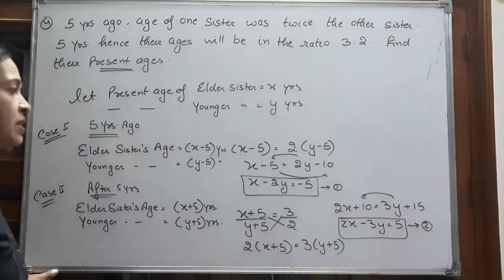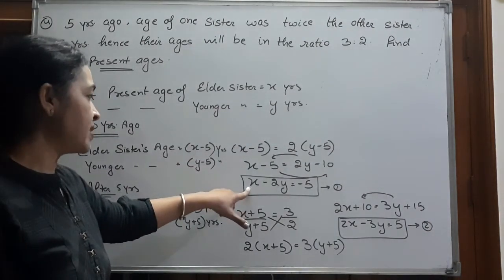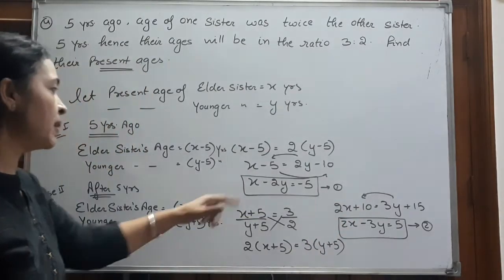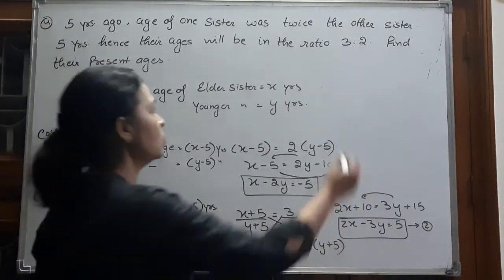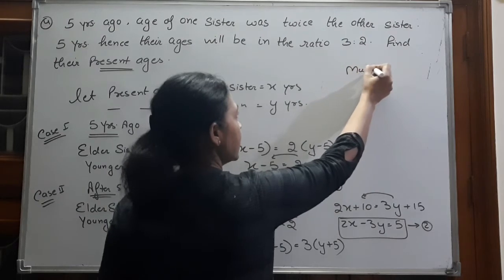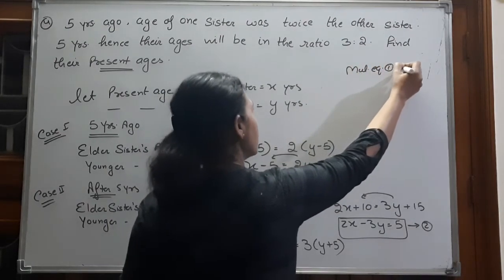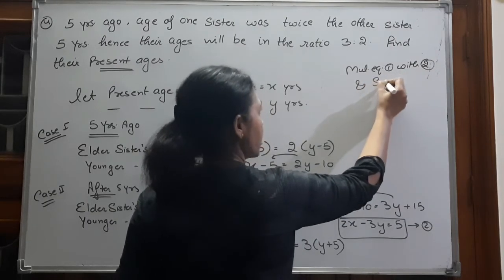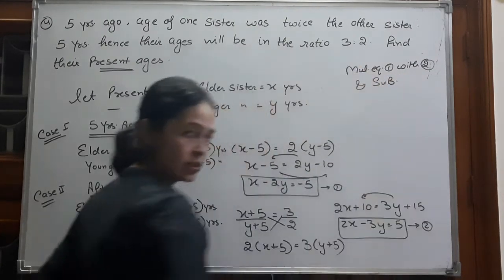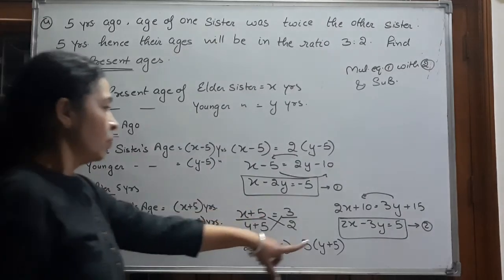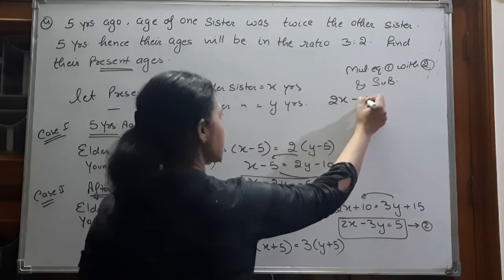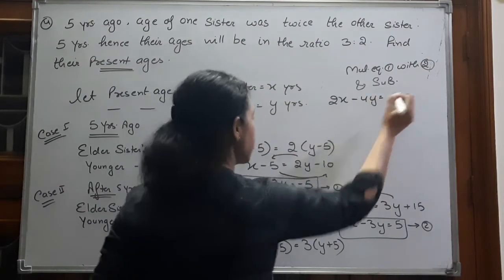Now we have to solve these equations. The coefficient of x in equation 1 is 1 and in this equation it is 2. Let's multiply equation 1 with 2 and subtract both the equations. After multiplying, we get 2x minus 4y equals minus 10.